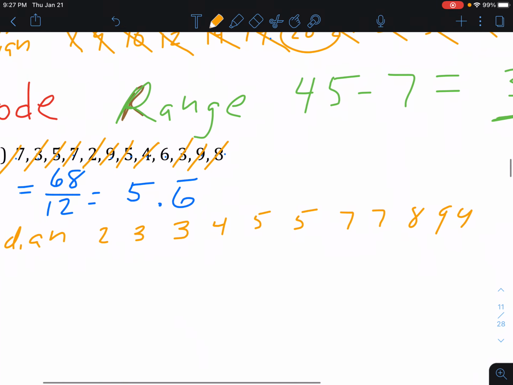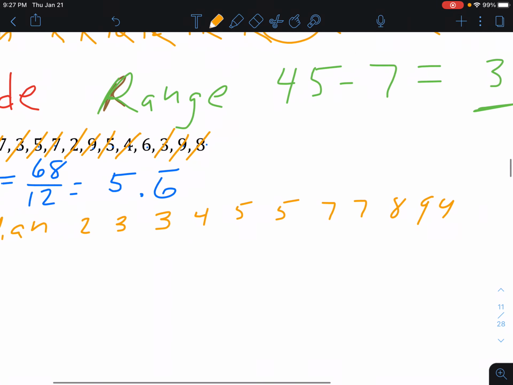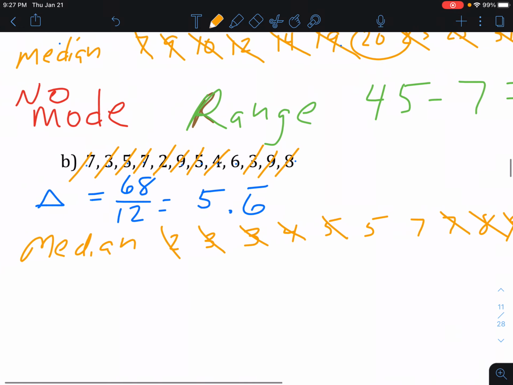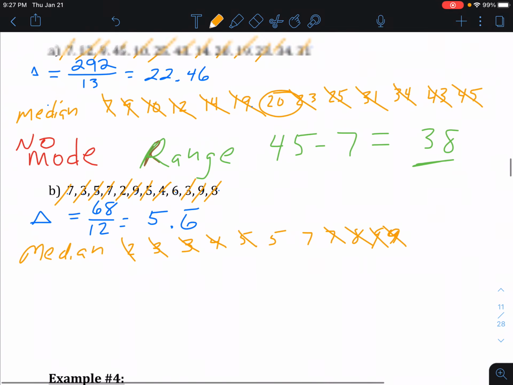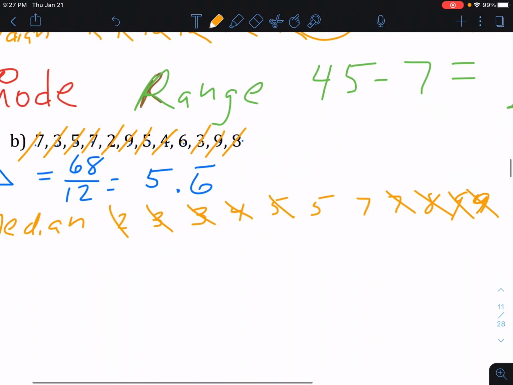So I have 12 numbers, so remember to find the median, cross off one high for one low. Low, high, low, high, low, high, low, high, low. Hold on. Did I miss something? 1, 2, 3, 4, 5, 6, 7, 8, 9, 10, 11, 12. What number did I miss? Of course, this would happen.